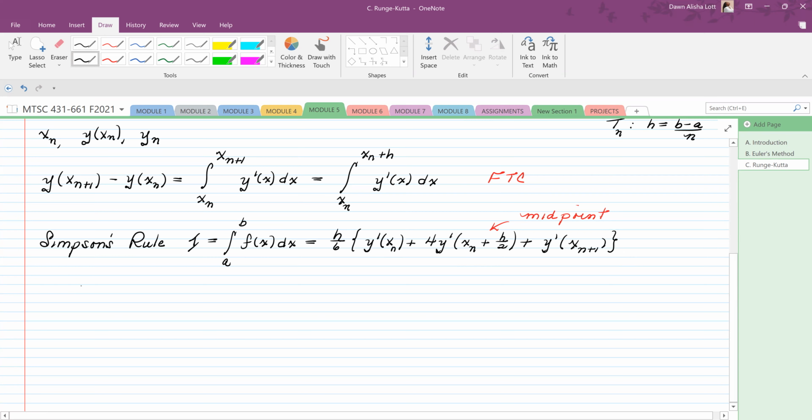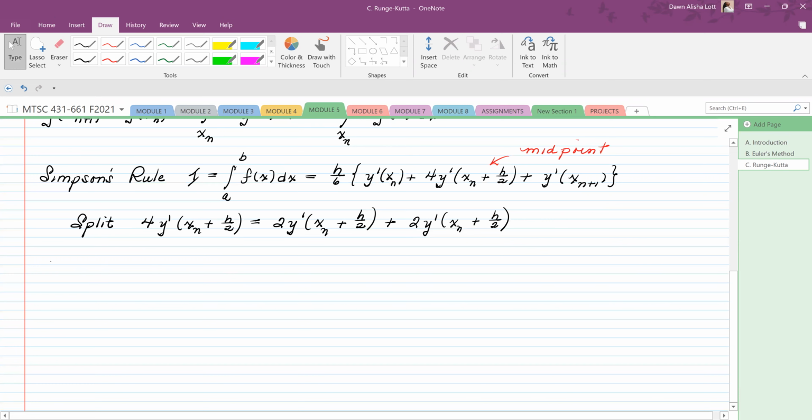So now I want to split this 4 times y prime at xn plus h over 2 into 2 times y prime at xn plus h over 2 plus 2 times y prime at xn plus h over 2.